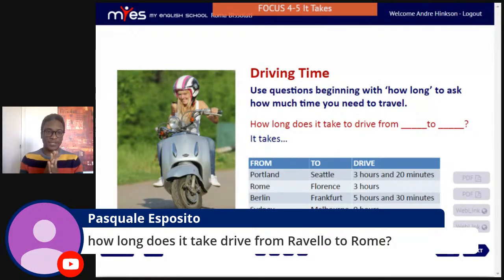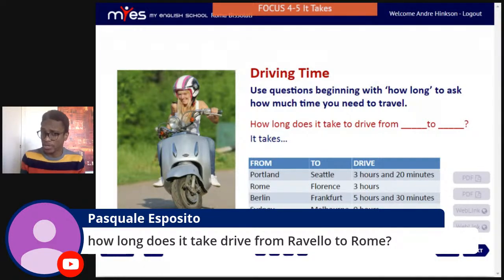So let's answer Pasquale's question. How long does it take to drive? Remember, we always have to use to drive, the infinitive, from Ravello to Rome. Let's see. Anyone knows the answer? I'm going to guess maybe about, I don't know, 3 hours.